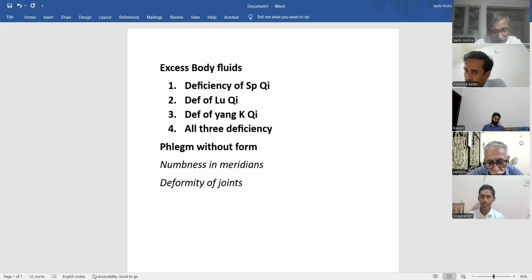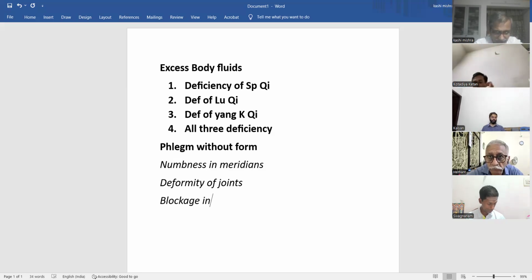It can appear as blockage. This only appears as stones.